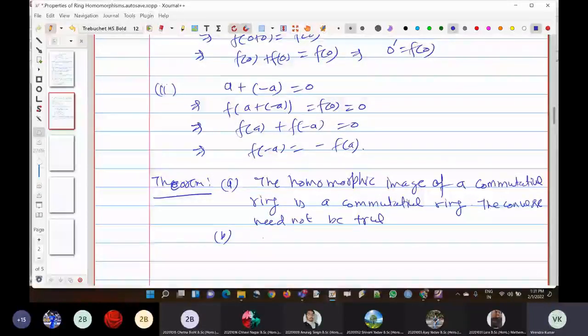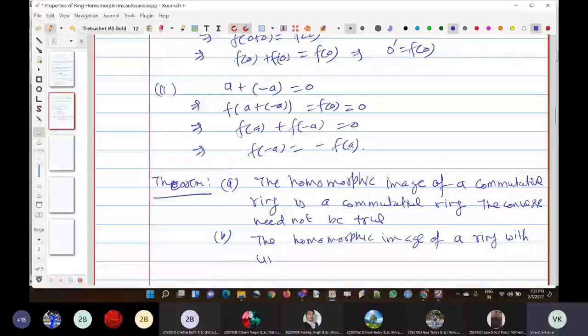The second property is that the homomorphic image of a ring with unity is a ring with unity.